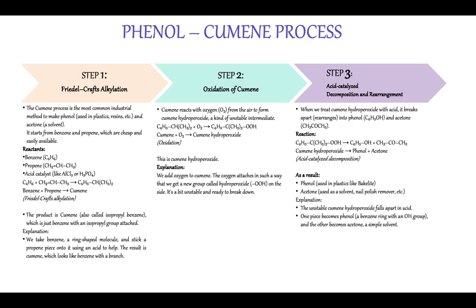As a result of the acid catalysis, it becomes phenol, which is used in plastics like Bakelite, and acetone, used as a solvent, such as in nail polish remover. This unstable cumene hydroperoxide falls apart in acid, and one piece becomes phenol, a benzene ring with an OH group, and the other becomes acetone, a simple solvent.